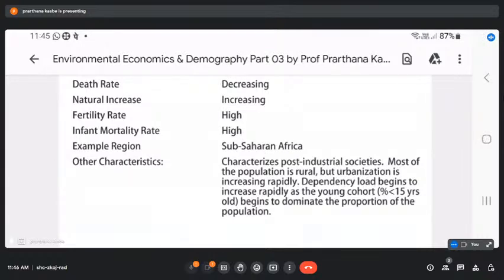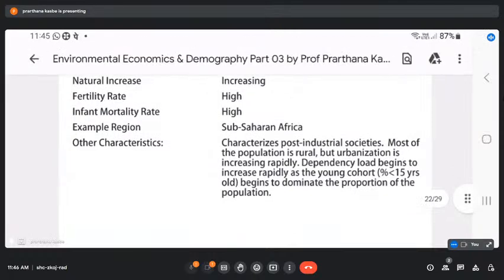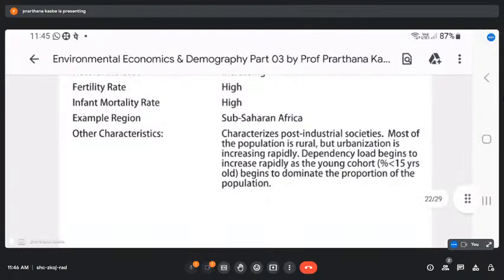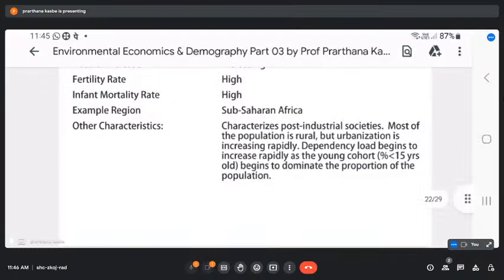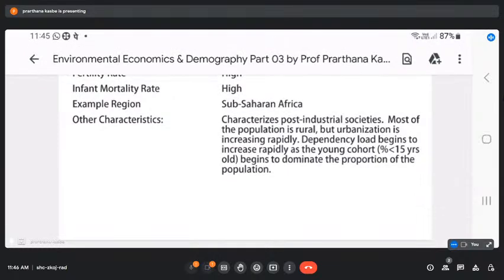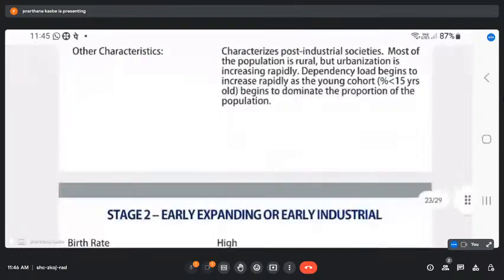म्हणजे जरी रुरल पॉप्युलेशन असली तरी जे काही अर्बनायझेशन आहे, शहरीकरण आहे तर ते वाढत होतं. Dependency load begins to increase rapidly as the young cohort who are less than 15 years old begin to dominate the proportion of the particular population.